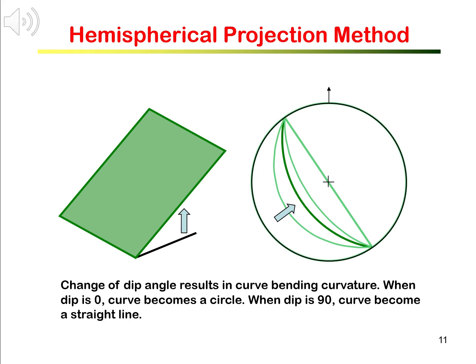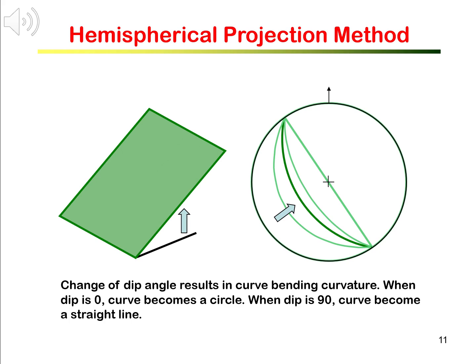So a plane closer to the vertical will give you an arc closer to the diametrical line and also more straight or less curved. On the other hand, if the plane is subhorizontal, then you will have a projected arc further away from the diametrical line and bending closer to the circumference, which represents a horizontal plane.